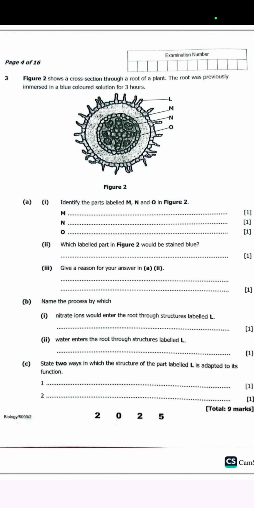So the root was previously immersed in a blue colored solution for 3 hours. I'll read again. Our figure 2 shows a cross section through a root of a plant. The root was previously immersed in a blue colored solution for 3 hours.